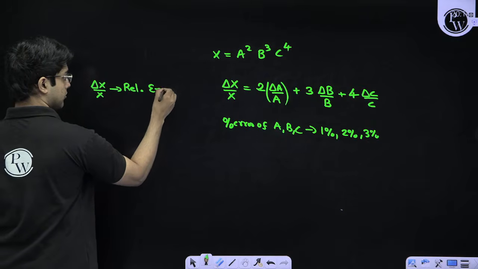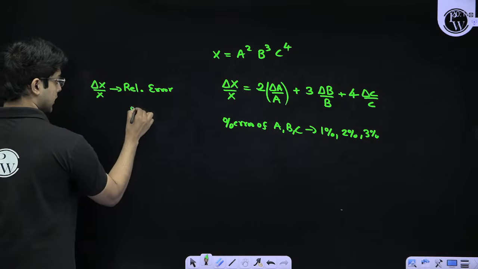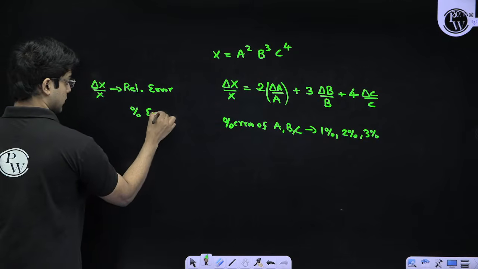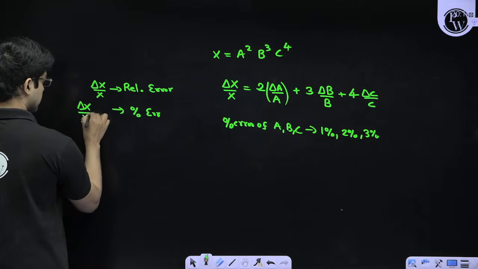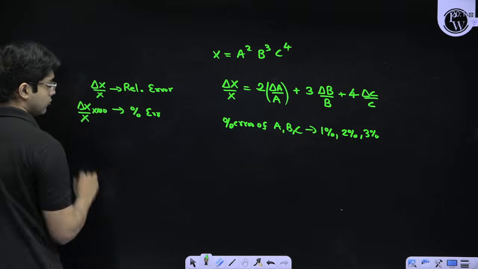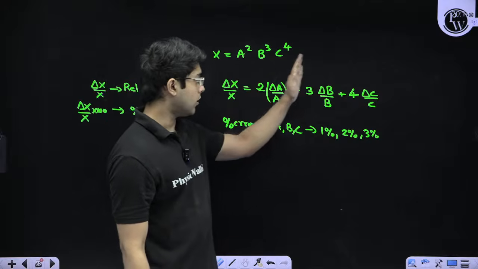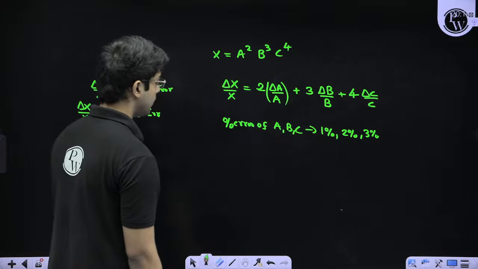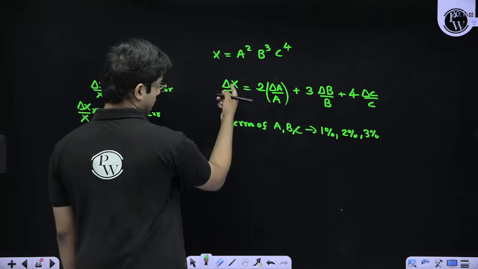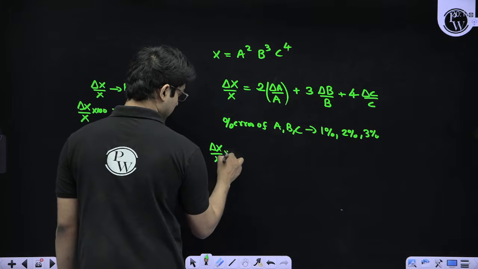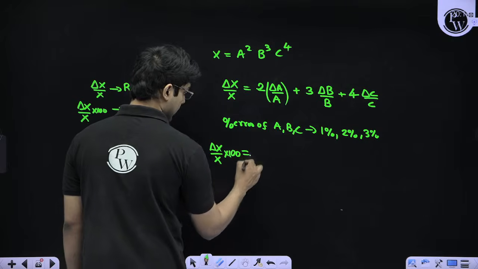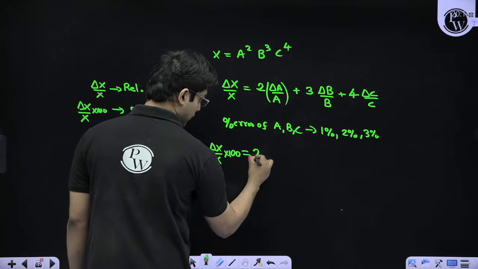Percentage error is nothing but this thing into 100, right? So all you have to do is multiply all these terms with 100, then you get the percentage error. So delta x by x into 100 is the percentage error in x. So there is a 2 here.